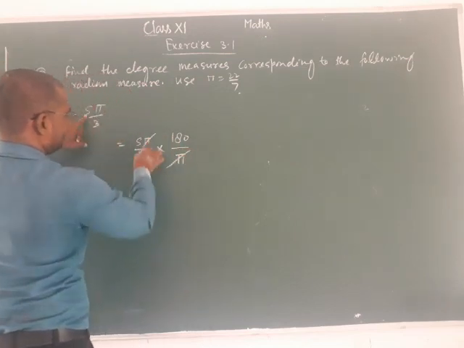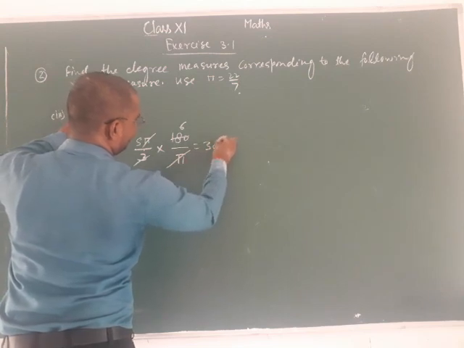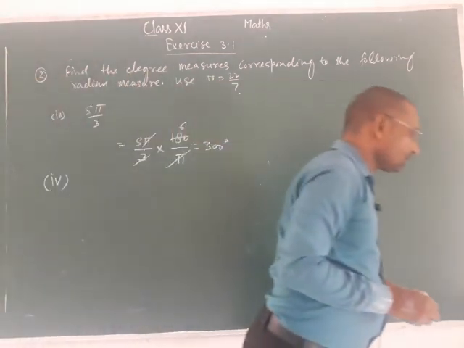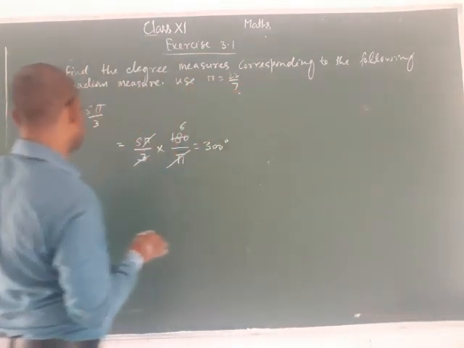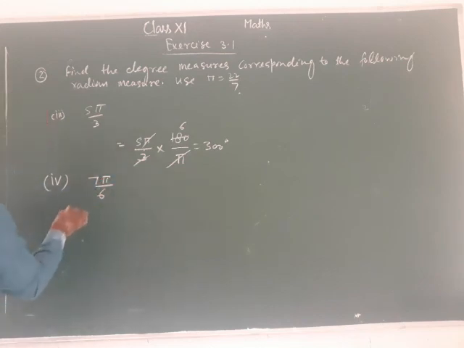Pi cancels, 60 into 5 is 300 degree. And part of 4: 7 pi upon 6.